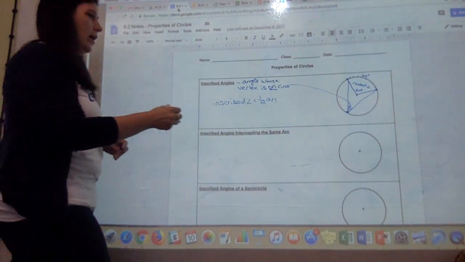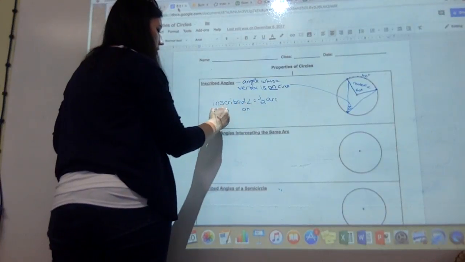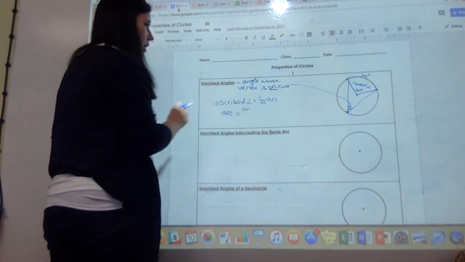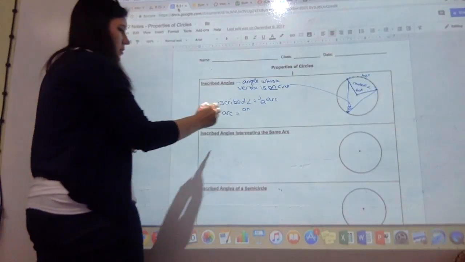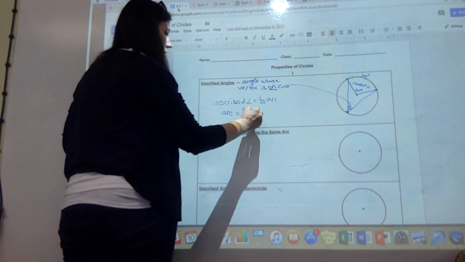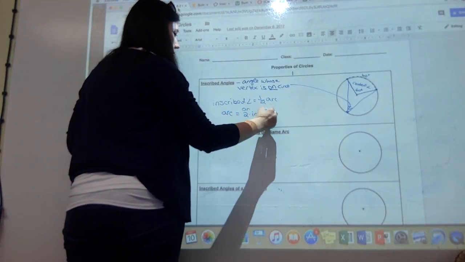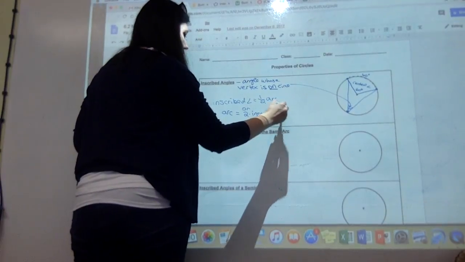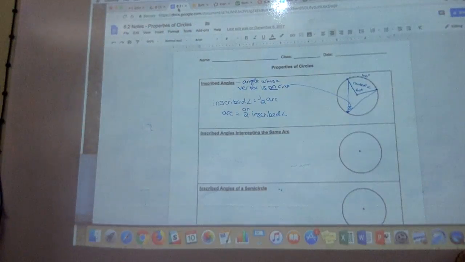Or if I flipped it around, the arc is twice the inscribed angle. The one that goes in the center is called the central angle, right? So that's 30 degrees because it's half of 60.